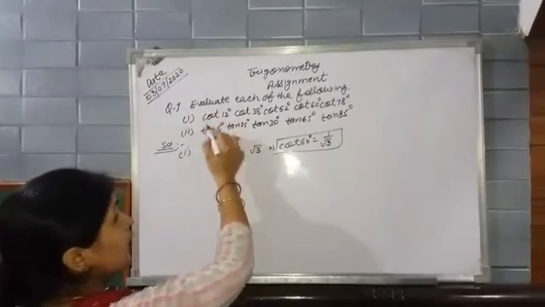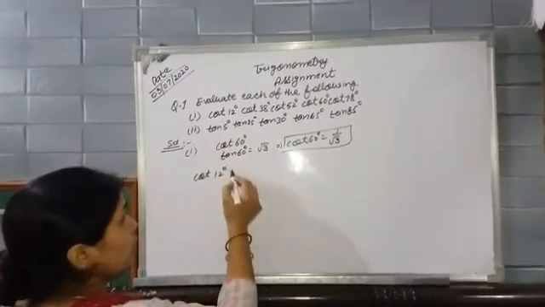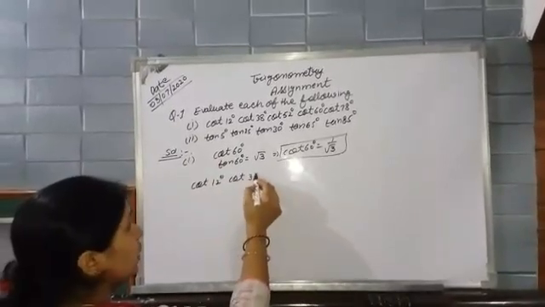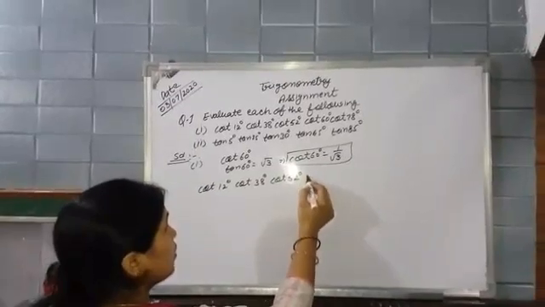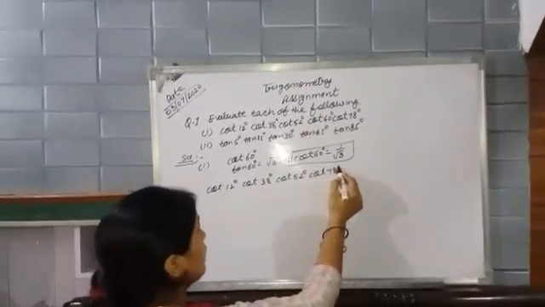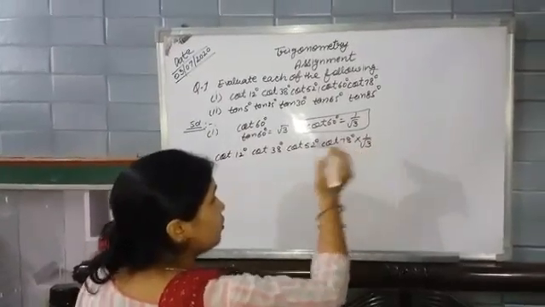Now other angles are also available. Which are the angles? Cot 12 degree, cot 38 degree, cot 52 degree and cot 78 degree. And what is the value of cot 60? Cot 60 is 1 divided by root 3.